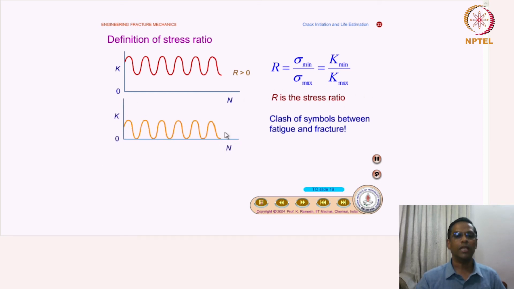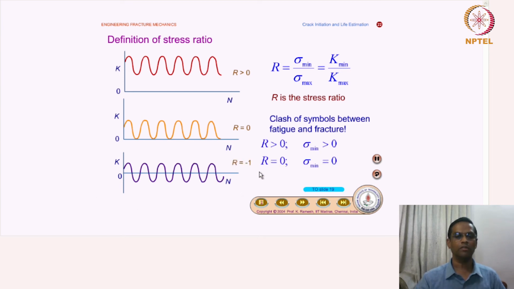And then you have the second type of scenario where R is equal to 0, where the K versus N plot will look like this. There is another scenario, R is equal to -1. Then the positive and negative values of K will go through the cycle as a function of number of cycles.